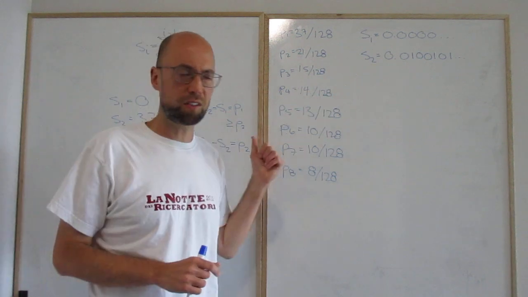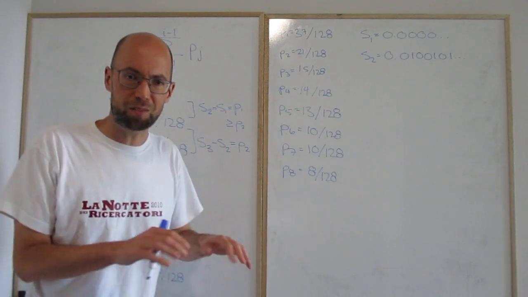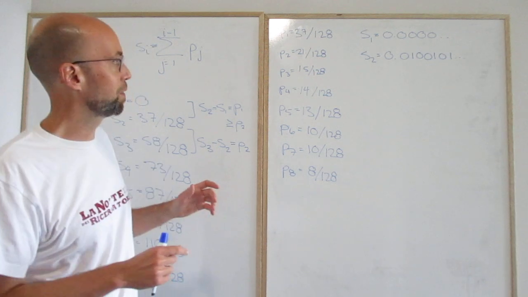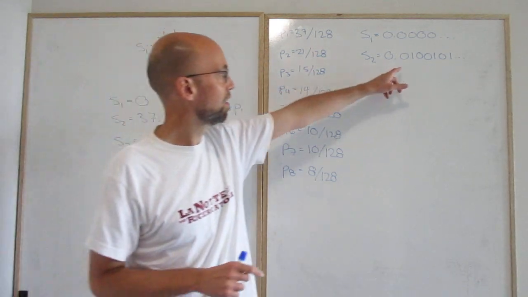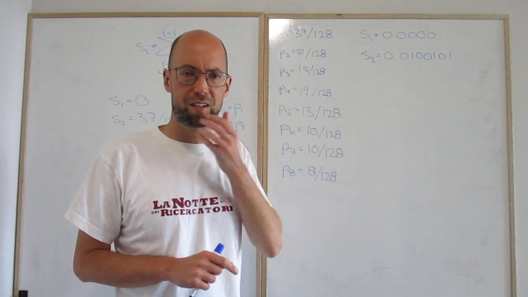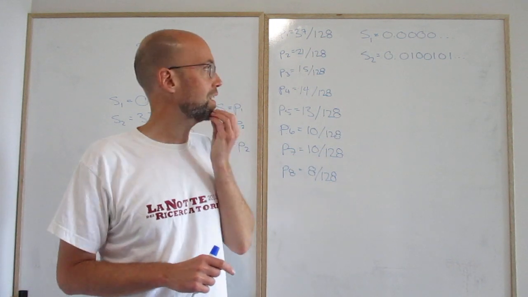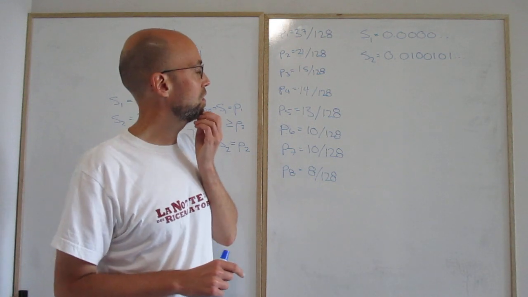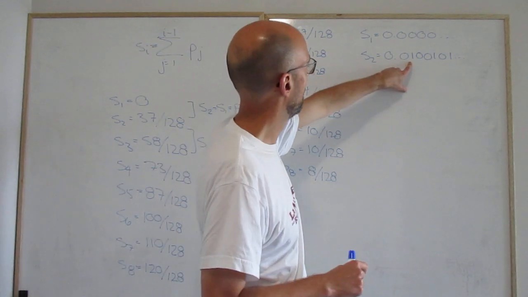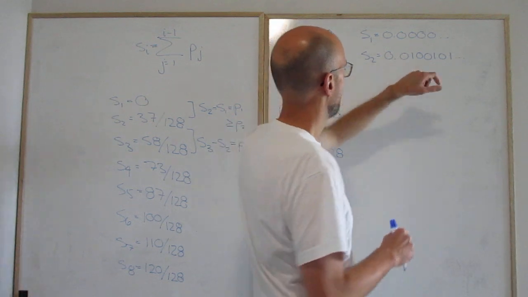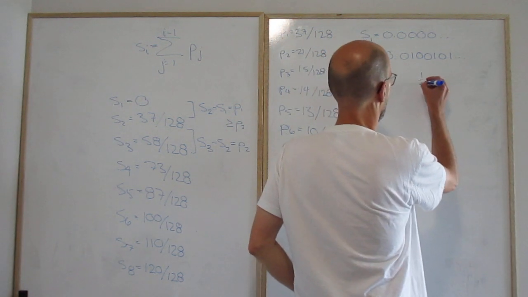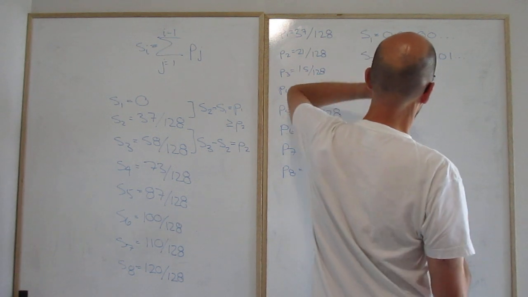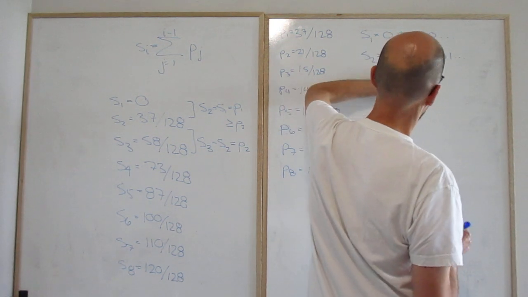If somebody has one of these cute little calculator things that converts between binary and decimal, this should be 37 out of 128. I think. This is about a quarter, so this is a quarter plus 1/16, 1/32, whatever.